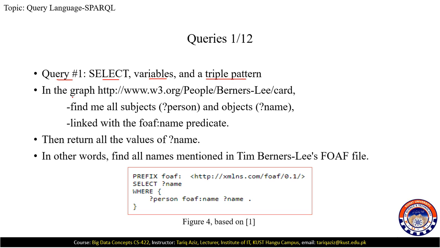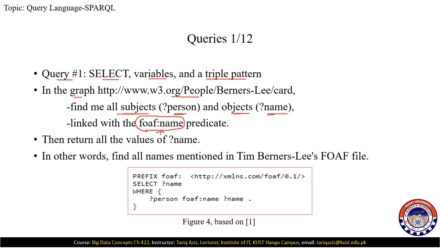In this case, our graph is this. This is our RDF graph, or we can say this is our resource. Now, what we have to do is find all the subjects, which are persons, and all the objects, which are names, and these are linked with this predicate. So this is the representation of the predicate. The subjects, which are persons, and the objects, which are names, are both linked with this predicate.